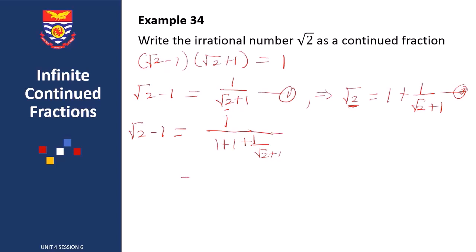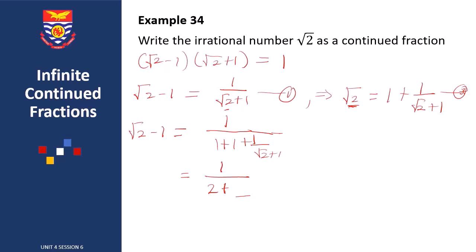And this is the same as, what do I get? 1 plus 1 is 2 plus, let me write the whole thing so it becomes very simple. This equals 1 divided by 1 plus 1 is 2 plus, I put root 2 here, plus 1 divided by root 2 plus 1.